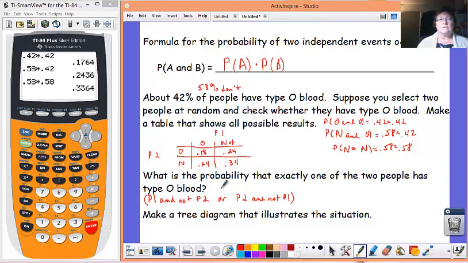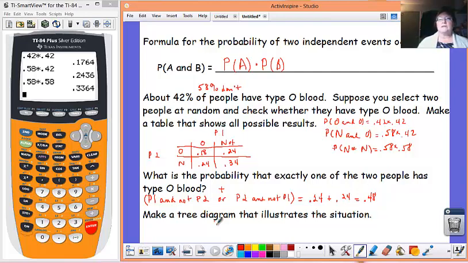It has an or in the middle of it, and person 1 and not 2. We know that because that's in our table. Person 1 does, but person 2 doesn't. That's a 0.24. And we add that to the other situation where person 2 has it, but person 1 doesn't. That's another 0.24. That probability would be 0.48.